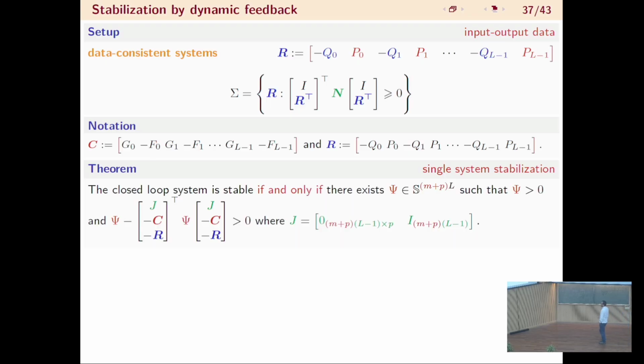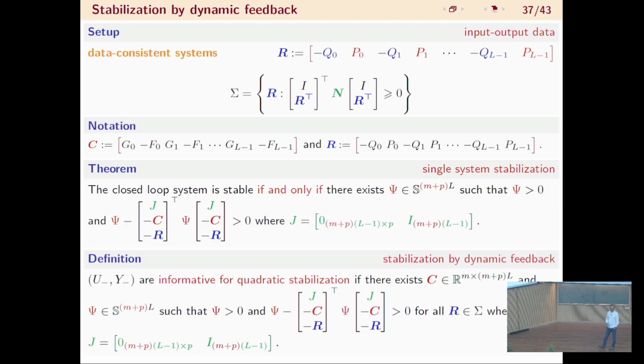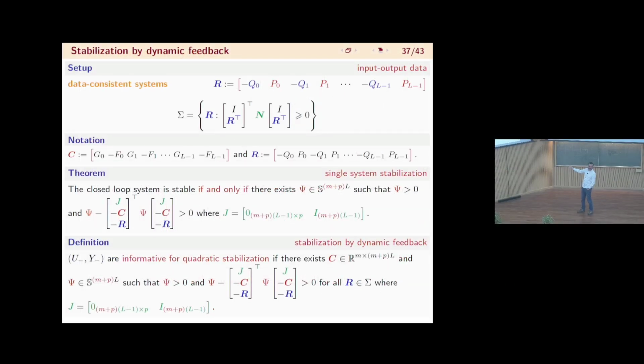Okay? Now, this is Lyapunov characterization of design problem for a single system. So what I need to do is to define the corresponding informativity notion. I'm going to say that the input-output data are informative for quadratic stabilization if there exists C and psi such that psi is positive definite and this thing is also positive definite for all R in sigma.